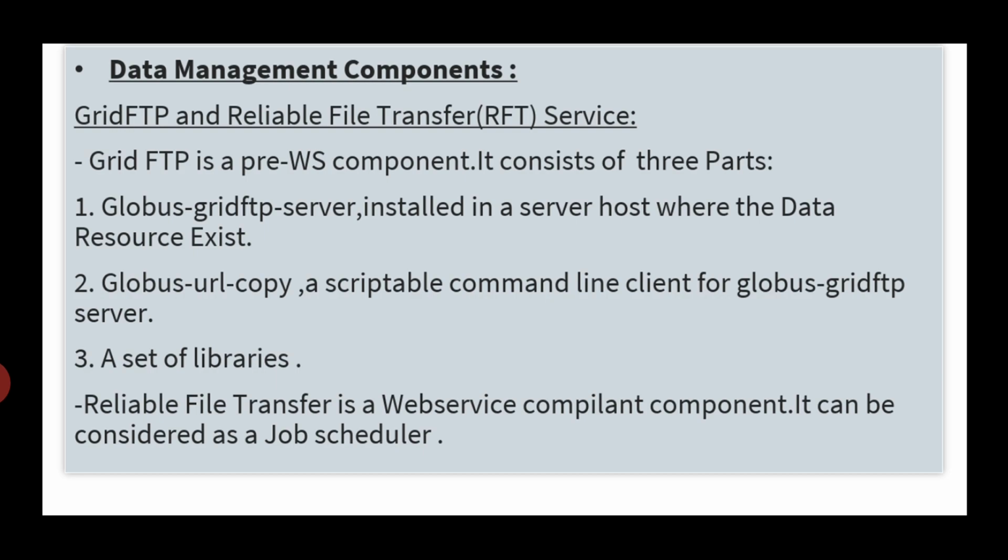Different file systems can be accessed by the same client tool. Now we can learn about the Globus Grid FTP server's interface. Different file systems can be accessed by the same client tool and the Globus URL copy. This interface is called the data storage interface.